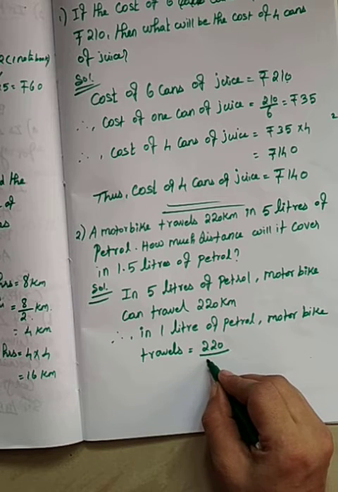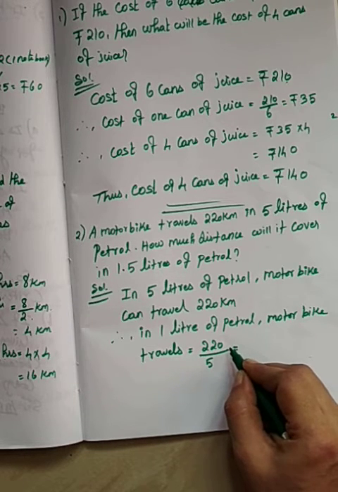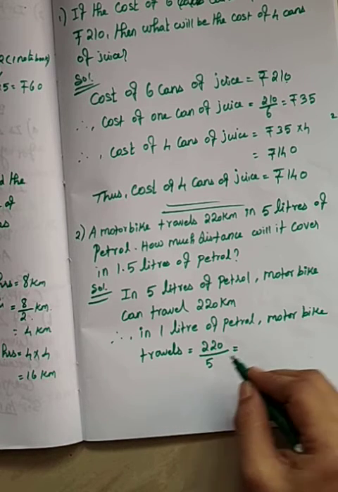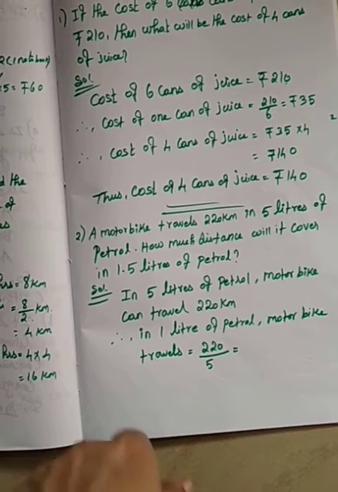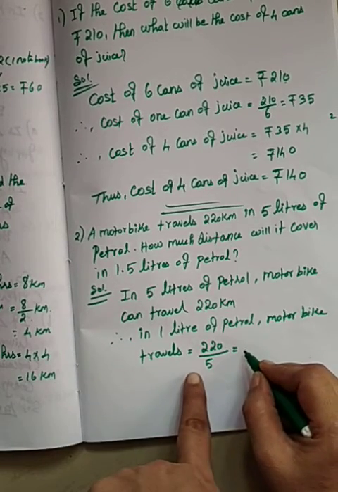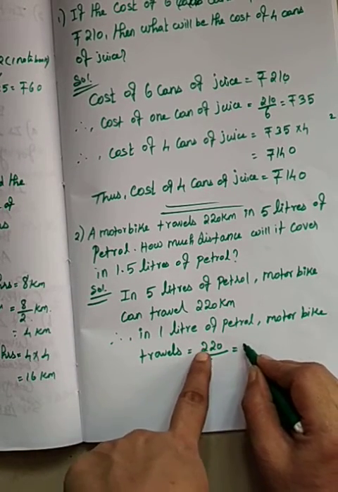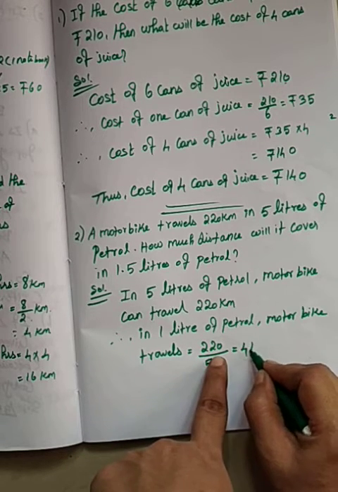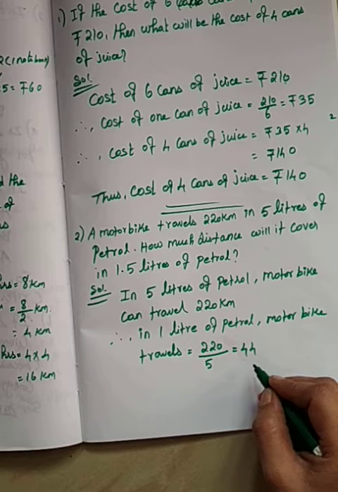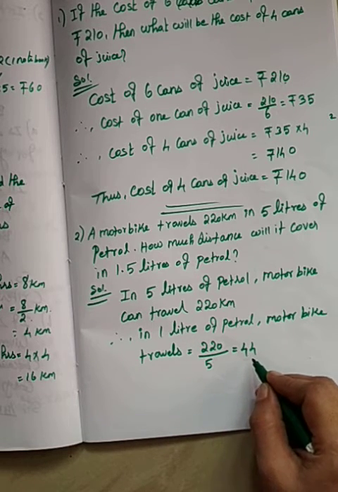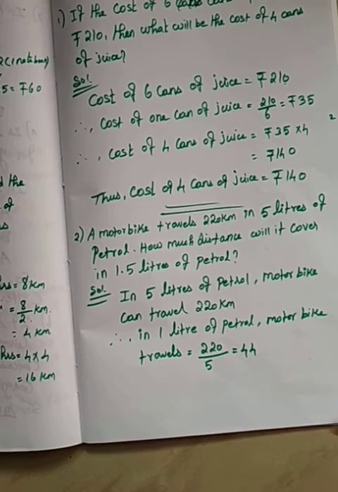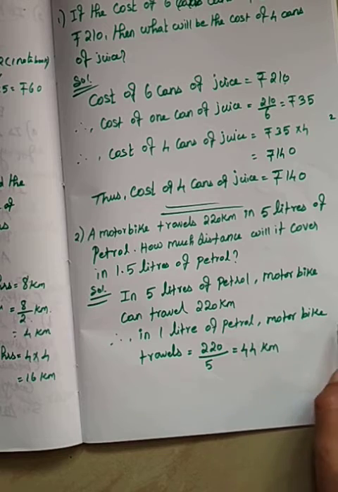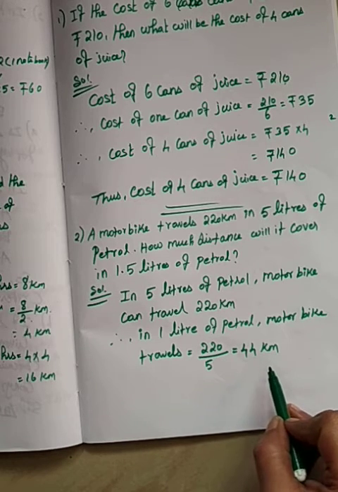So 220 divided by 5 is equal to, what will you get? First, see, you have to calculate in that one. What will you get? 5 4s are 20, remainder 2, and then 0 is here. Again 20 means 5 4s are 20. So you will get 44 kilometer. Okay, see here 1 liter of petrol motorbike travel is equal to 44 kilometer.